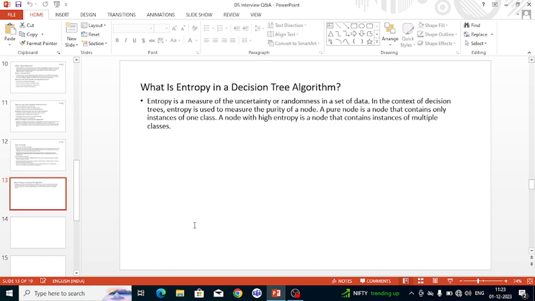A node with high entropy contains instances of multiple classes. Simply, we can say that it is a measure of uncertainty or randomness in a dataset. Exactly what we need is a pure node, so to reach the goal by the shortest way, we can use entropy. There is a formula for entropy, and in the next video we will discuss the formula and everything.